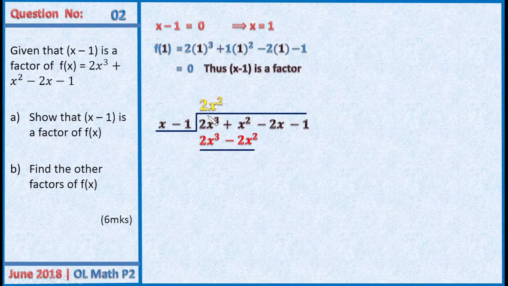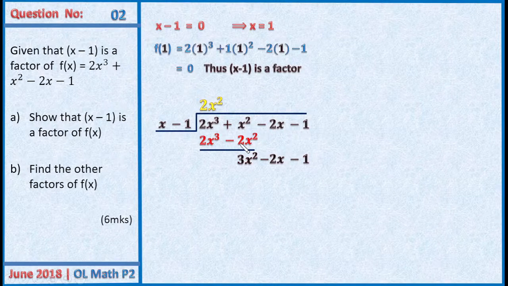We subtract: 2x cubed minus 2x cubed gives 0, and x squared minus 2x squared gives 3x squared. We bring down the other terms which have not been used: minus 2x, minus 1.